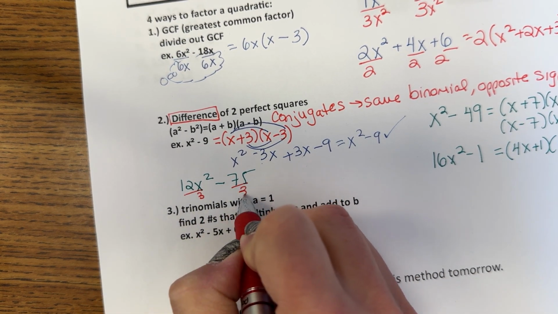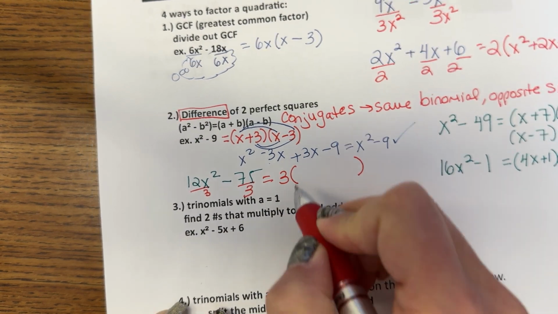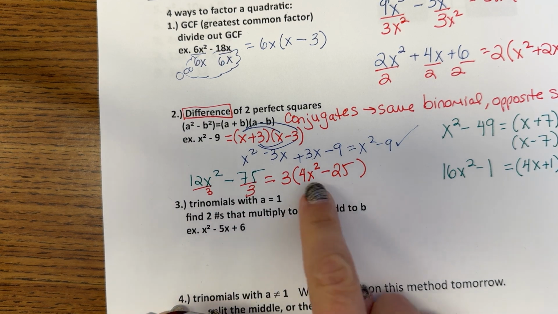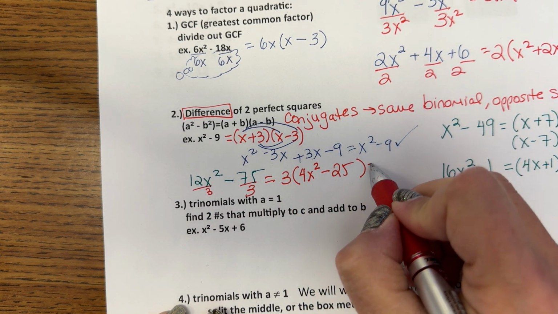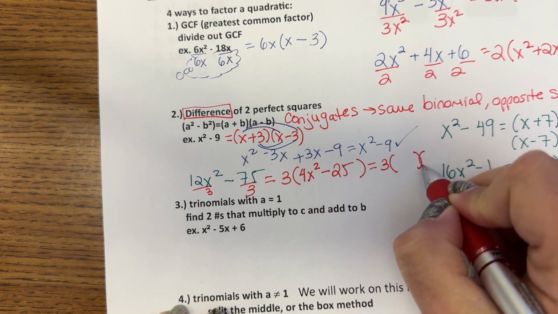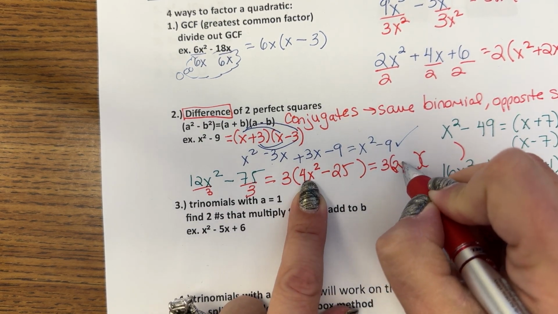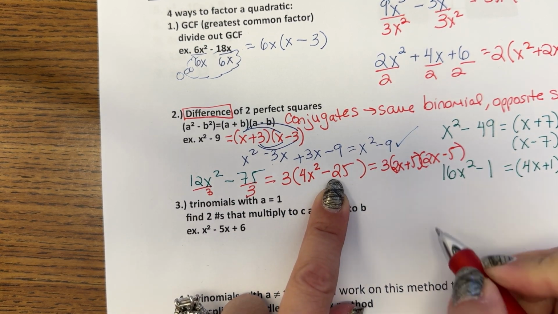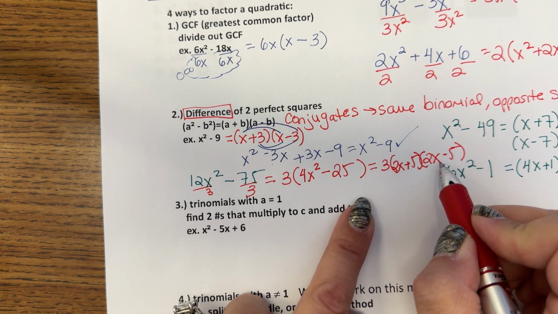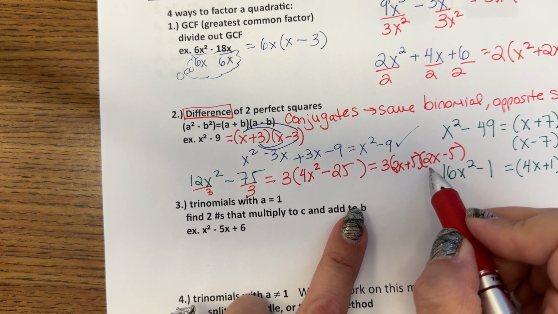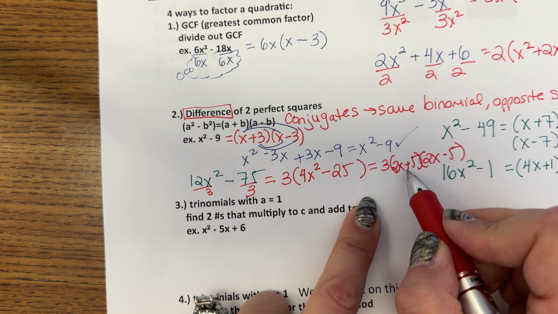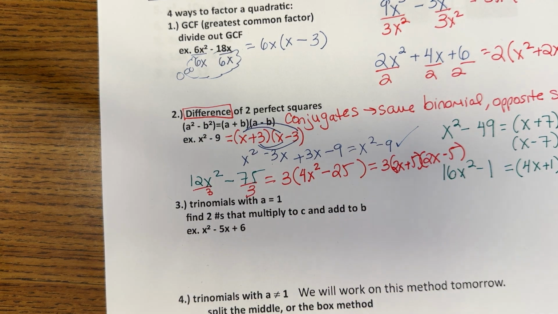So let's factor out the 3. And we're left with 4x squared minus 25. Now do we have a difference of perfect squares? We do, so let's factor one more time. That's going to be 2x plus 5 and 2x minus 5. So there's three factors that multiply back to 12x squared minus 75. 3 times 2x plus 5 times 2x minus 5.